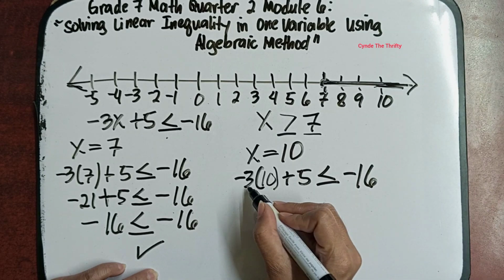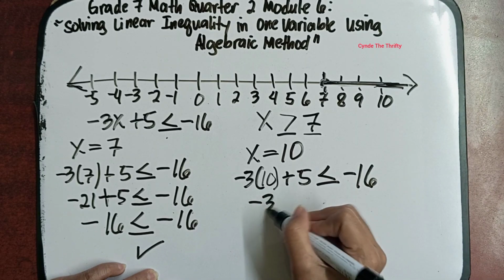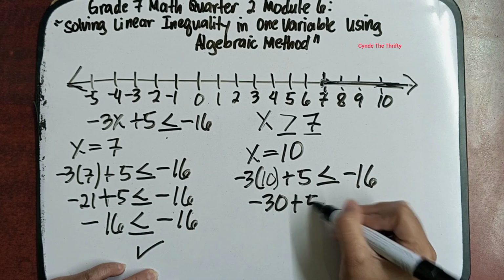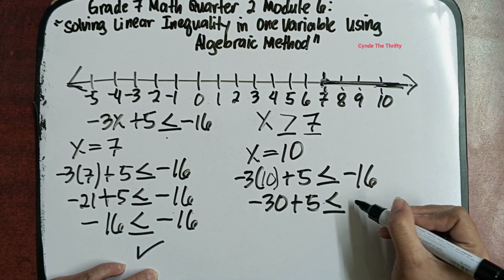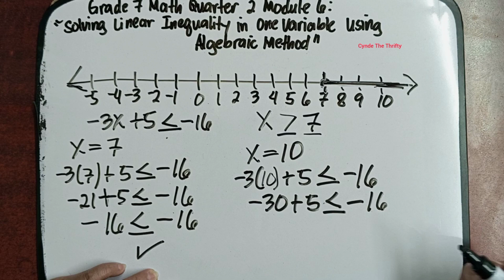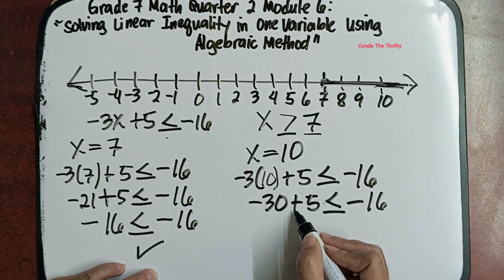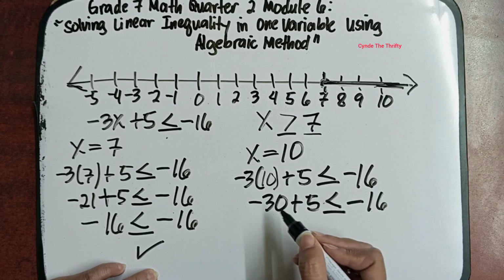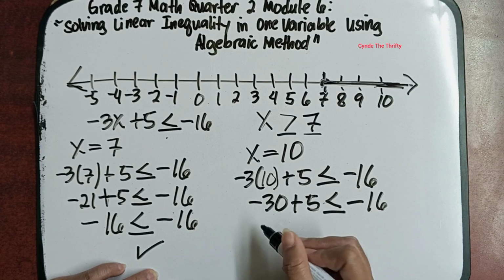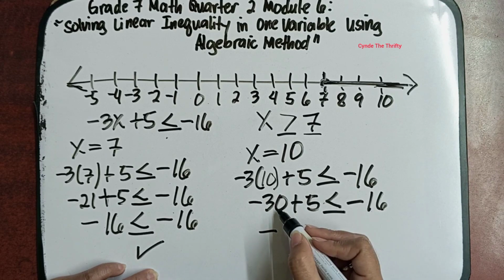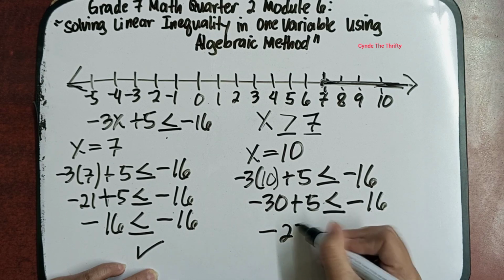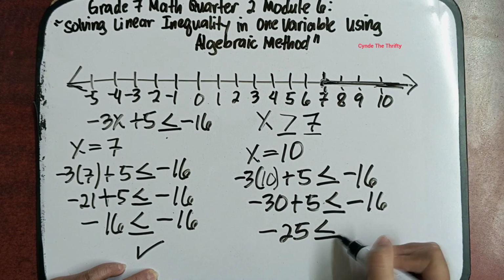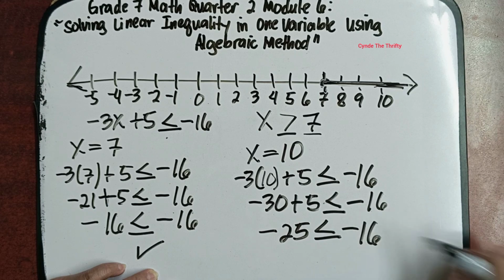So negative 3 times 10 is equal to negative 30, plus 5 is less than or equal to negative 16. So negative and positive, subtract and copy the sign of the bigger number. The sign of the bigger number is negative. So our answer is negative. 30 minus 5 is equal to 25, so negative 25 is less than or equal to negative 16.